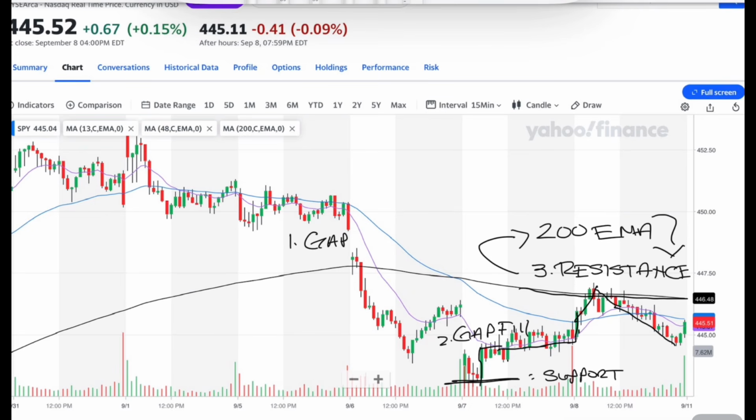Look at this. But look at this level right here. A bounce happened there, and then you see, boom, we got hit at this support, a resistance, which is the 48 EMA.